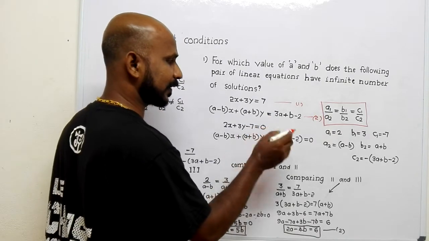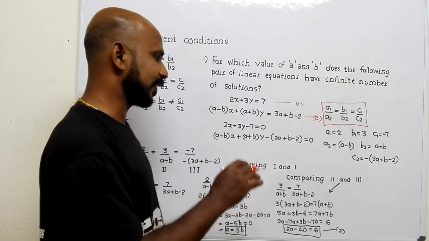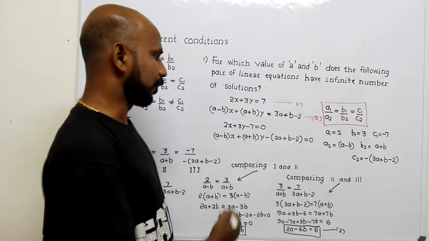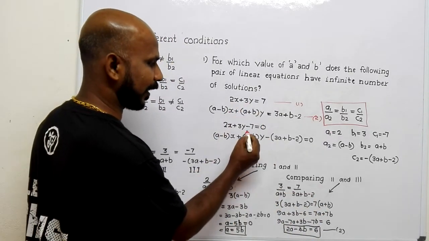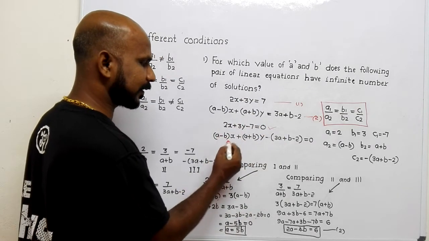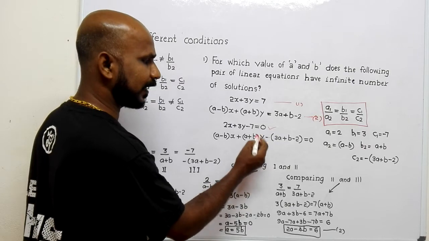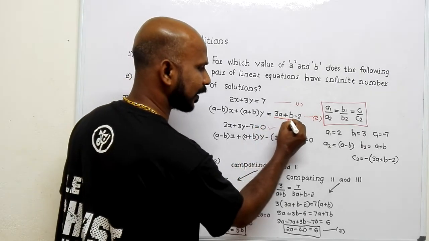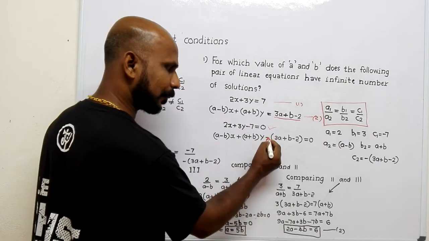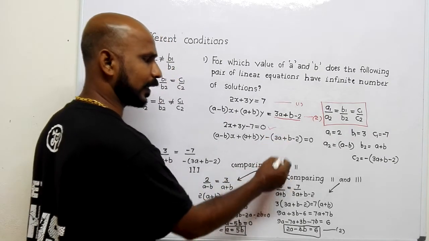Before writing c1 and c2, the main aim is to write in standard form. That means 2x plus 3y minus 7 equal to 0. And the next one, (a minus b)x plus (a plus b)y. Then consider that all the remaining terms are under C. Take totally this side, then keep a common negative sign for all and keep the bracket.